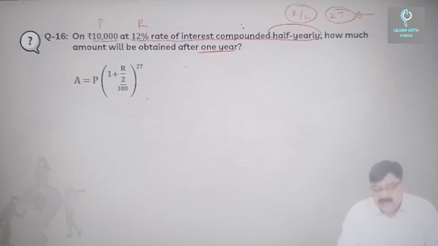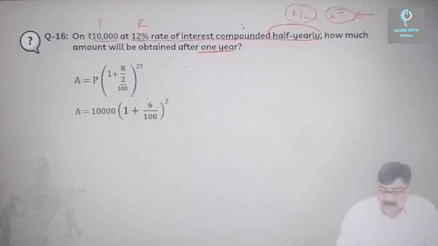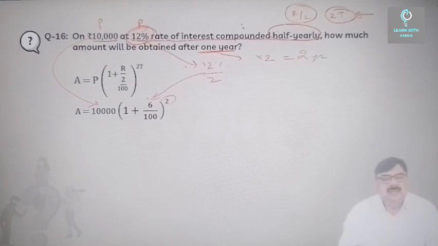So amount, as you know, is P into 1 plus R by 2 by 100 in this case, raised to 2T. So the principal is given here, that is 10,000. Rate of interest was 12%, and half of that would be 6%. Time was 1 year, so double of that, it becomes 2 years. That's it. So you just need to substitute these values in the formula.